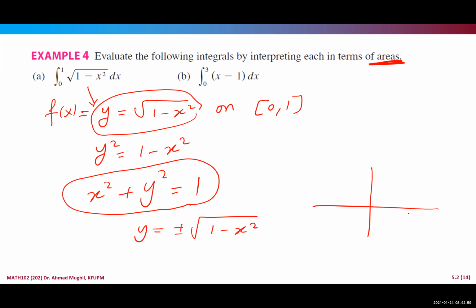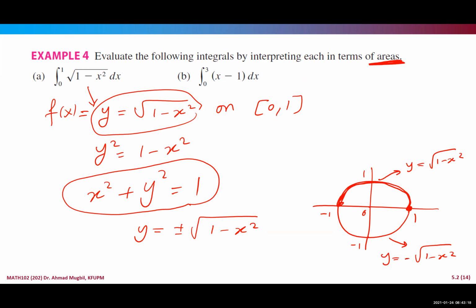Let's go and sketch the graph of this circle. This is the circle, with 1, negative 1, 1, negative 1. This is the center at the origin. Now the upper half is y equals the square root of 1 minus x squared. The lower half is y equals negative the square root of 1 minus x squared.